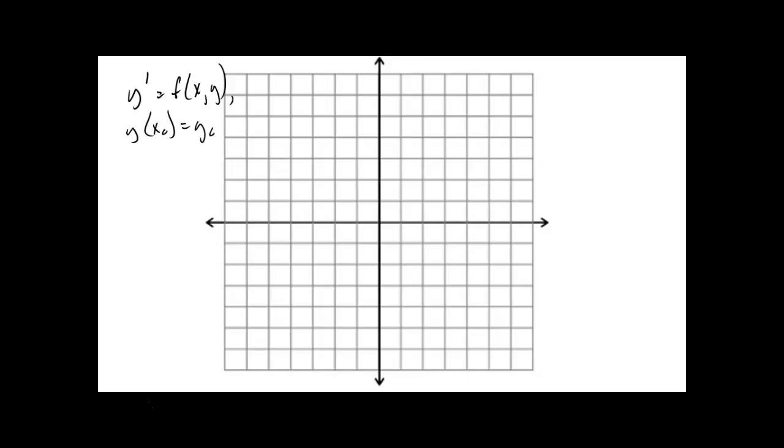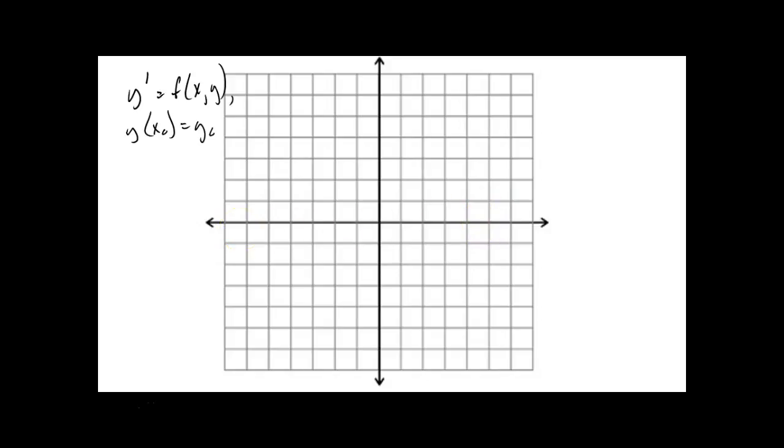The first assumption is this does have a solution. There's no guarantee it does, okay? But we'll assume that it does. So, where would we begin? Well, find on your graph x0, wherever that happened to be. It could be a positive x or a negative x. Somewhere on the x-axis, x0.